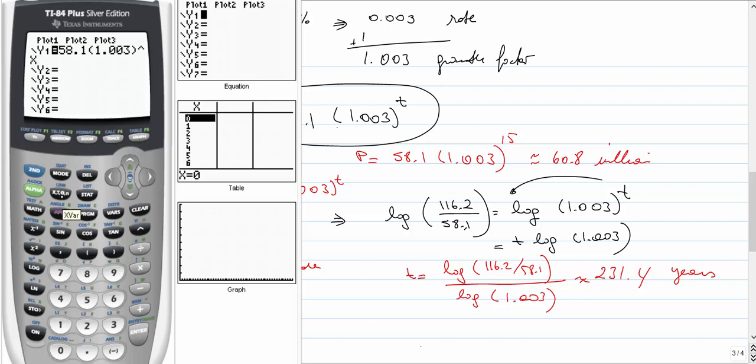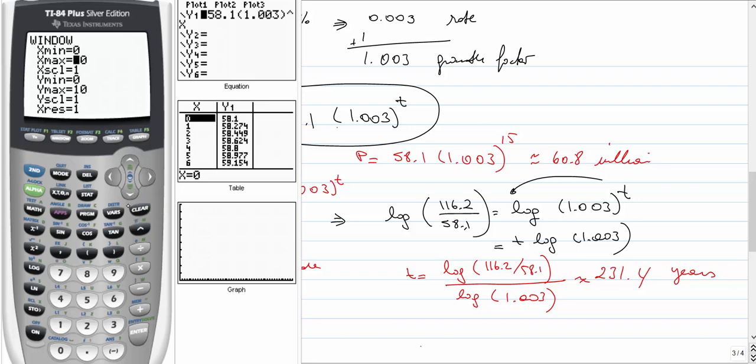On the x, let's go from 0 to 250, every 10. On the y, let's go from 0 to 30, every 1. Let's graph.